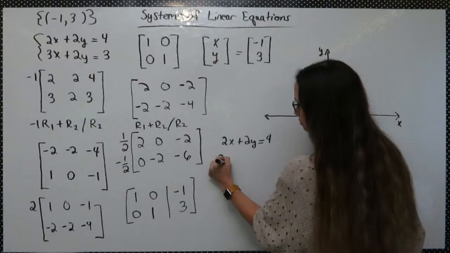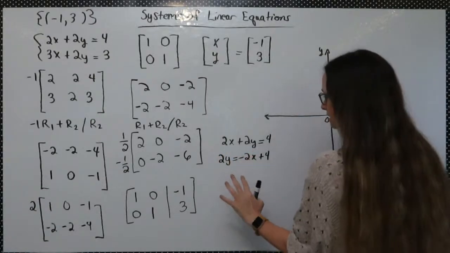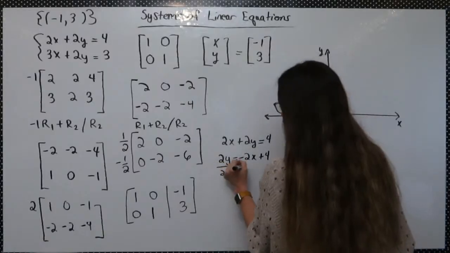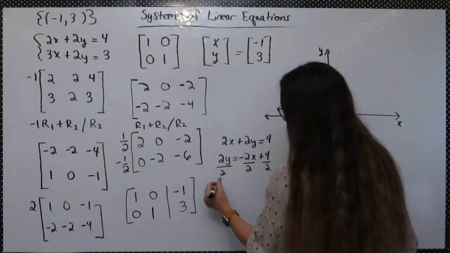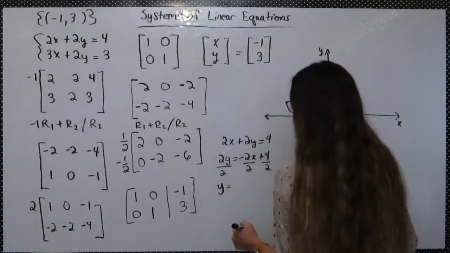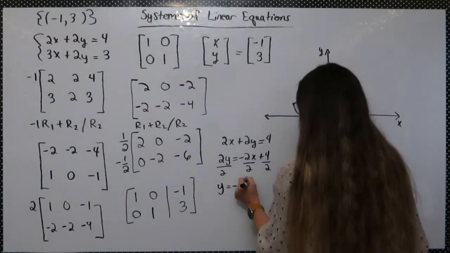And it's going to give me 2y equals -2x plus 4. And then simply dividing off the 2 from each term in my equation. So it's going to give me y equals -x plus 2.